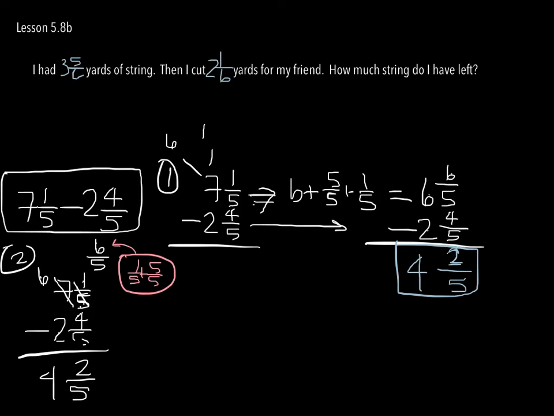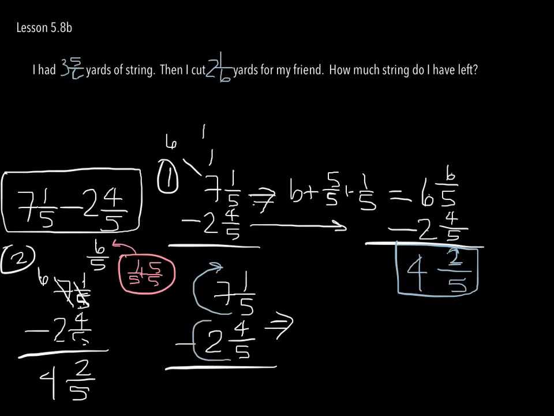I did, because hopefully every time you do this problem, you should get the same answer, no matter what way you do it. The final way I'm going to do it is this way: 7 and 1/5 minus 2 and 4/5. Now, this way has an extra step in it, but for some of you, it might work out nicely. Now, what I'm going to do is take this mixed number and convert it to an improper fraction by going multiply, add, multiply, add.